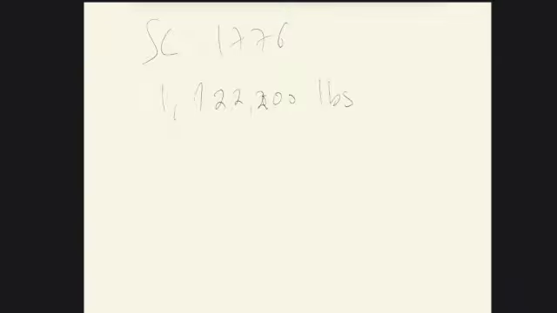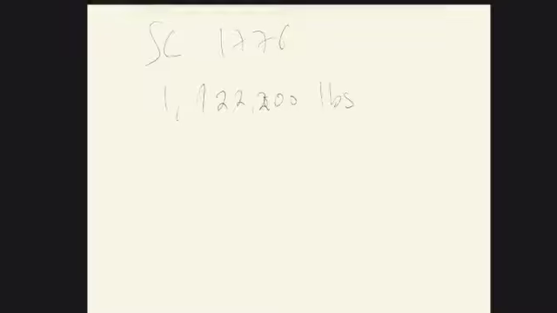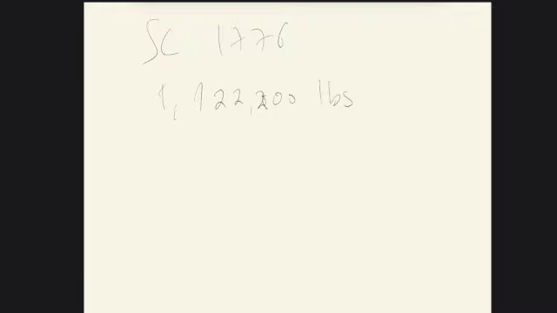So if we convert the pounds again to tons to have a better graph, 1.122 million divided by 2,000 gave us roughly 561 tons. So 561 tons of blue dye was exported annually, every year, outside of the colony of South Carolina.